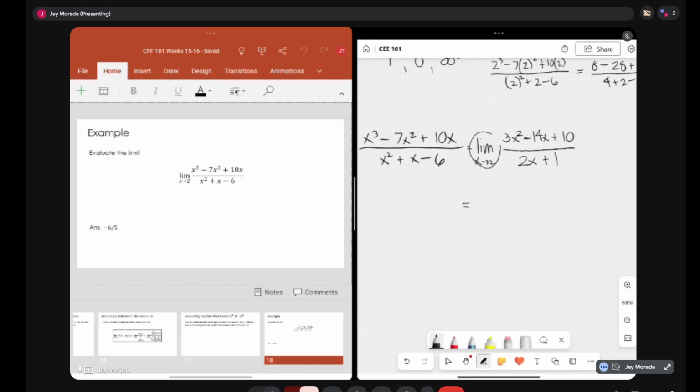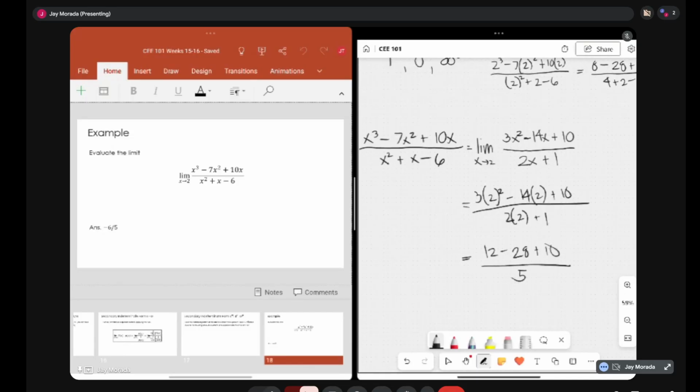So this notation will disappear, but you substitute the limit: 3 squared minus 14 times 2 plus 10 over 2 times 2 plus 1, leaving us with 12 minus 28 plus 10 over 5.